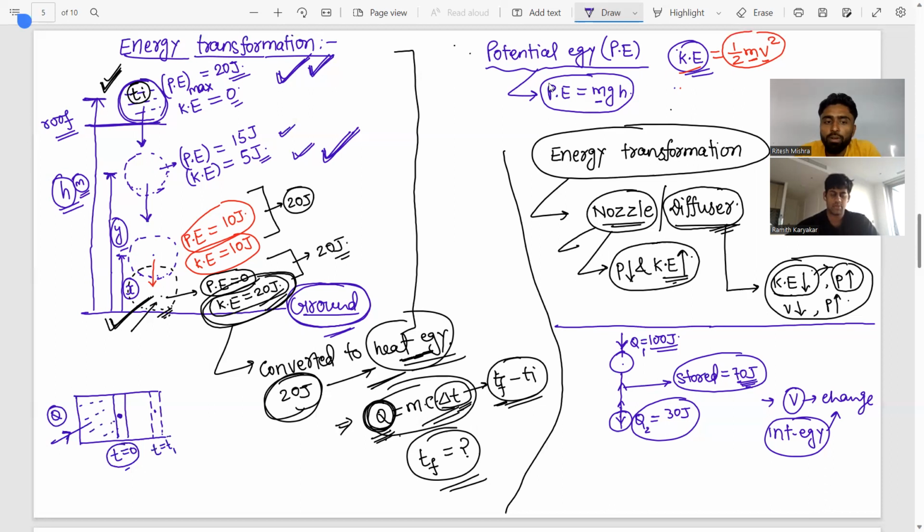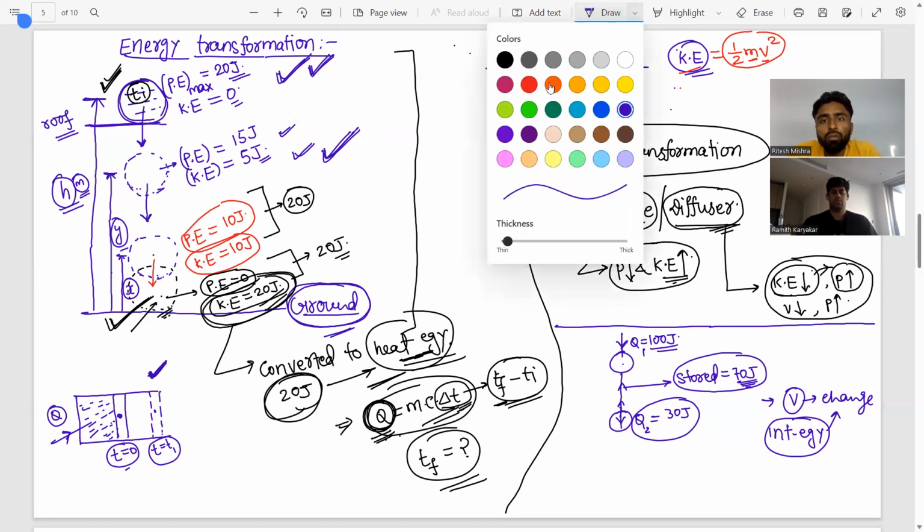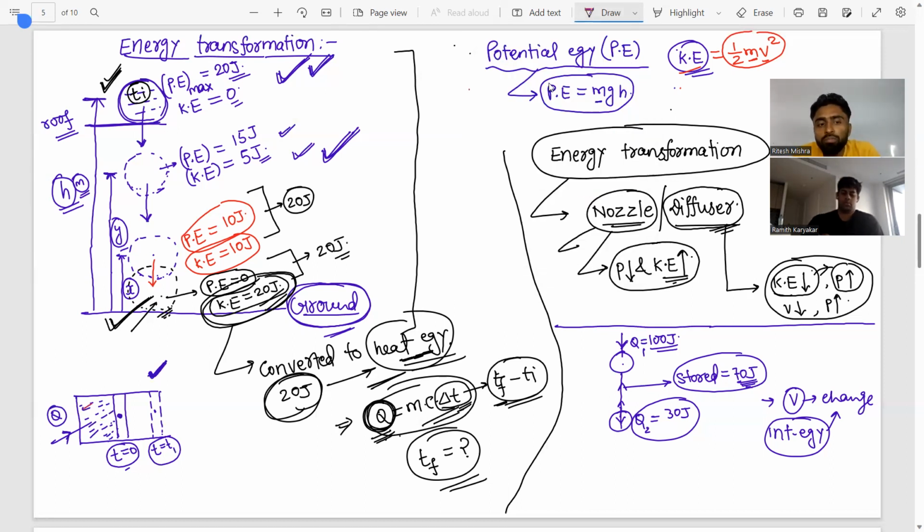At t equal to t1 time, piston is at this position. Now, what you will see, initially the working substance is here. But when the piston is at this position, now the working substance will cover the whole volume.